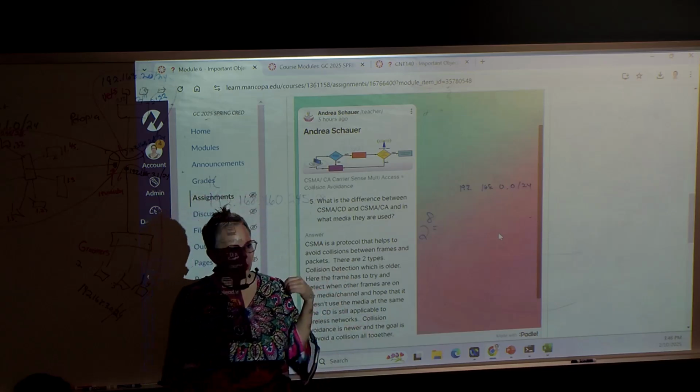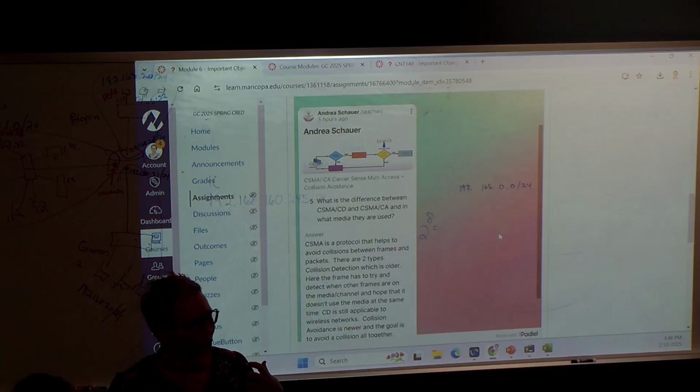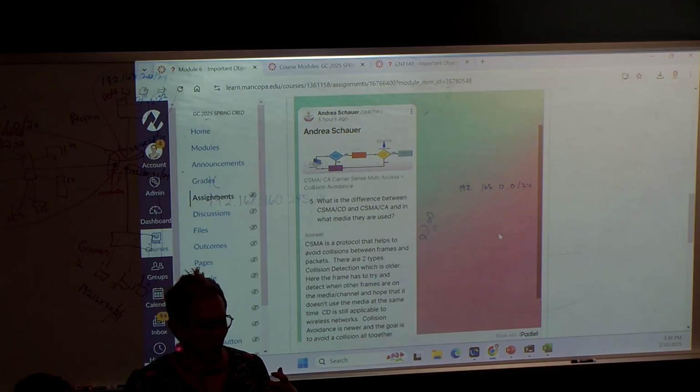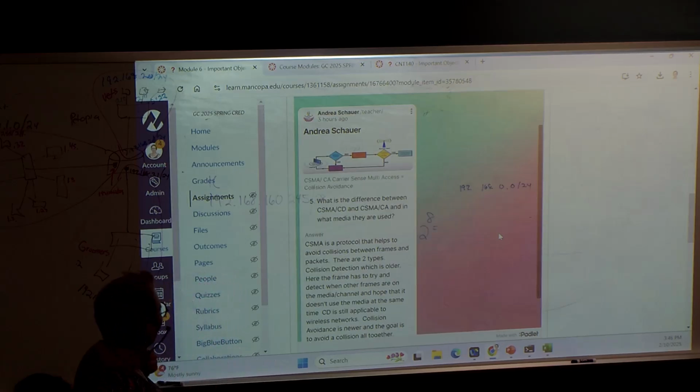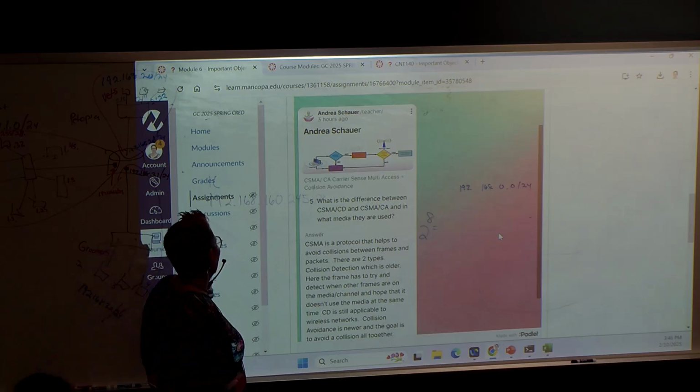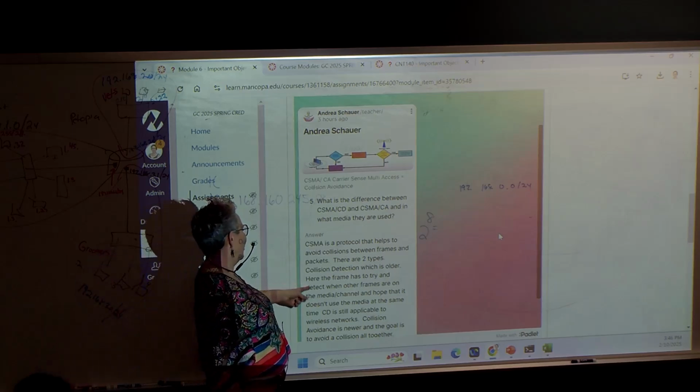So does that sound like me talking, like my own words, or does it sound like AI? It does not sound like AI. That is me talking. It sounds really formulated. I know a lot about CSMA. I don't think AI would say, here the frame has to try and detect.